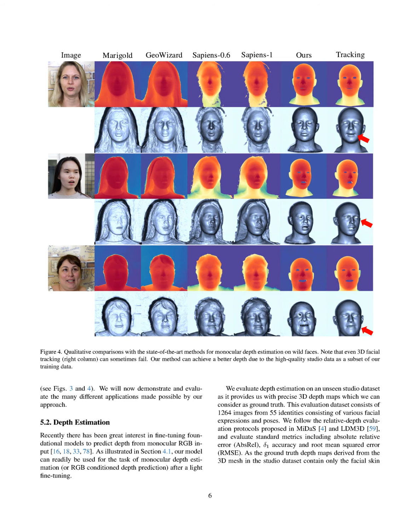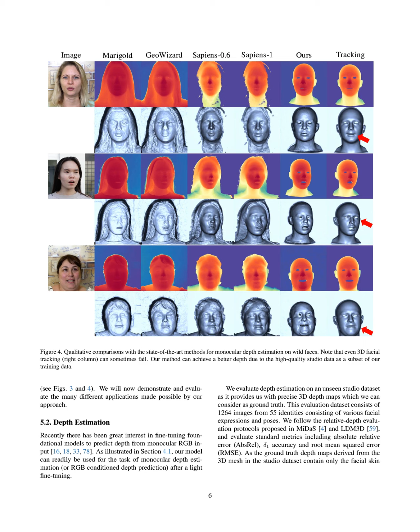For depth estimation, we evaluated our model on an unseen studio dataset consisting of 1264 images, employing metrics such as absolute relative error, ABSREL, delta_1 accuracy, and root mean squared error, RMSE, to quantify performance.